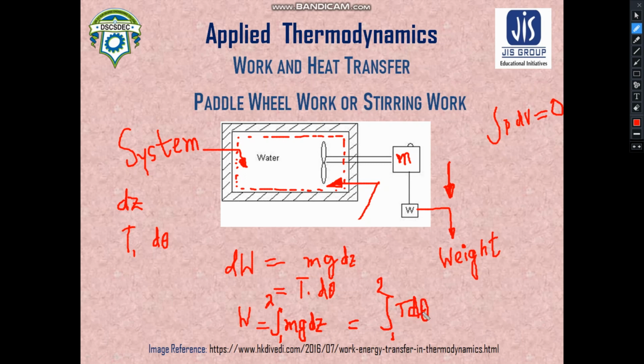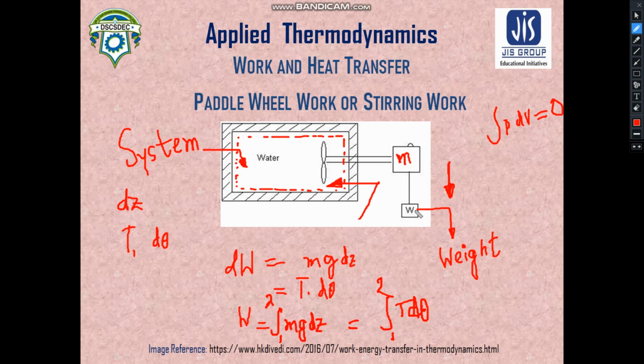So the conceptual thing is that since the volume of the water doesn't change, the volume of the water remains constant, there is no PdV work or displacement work involved here. Still there is work transfer into the system, and you have to remember that this is work transfer into the system.